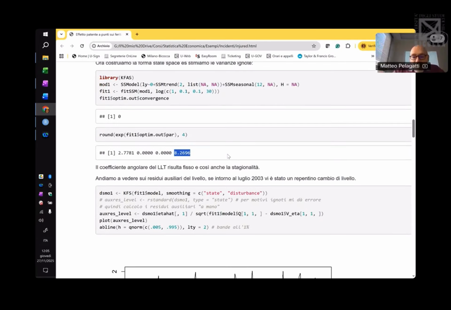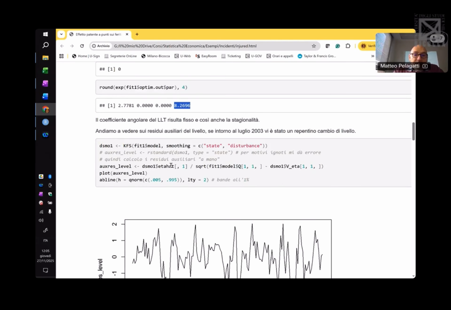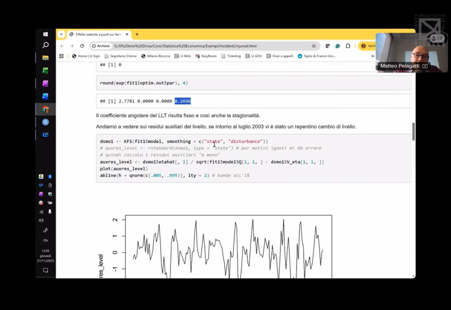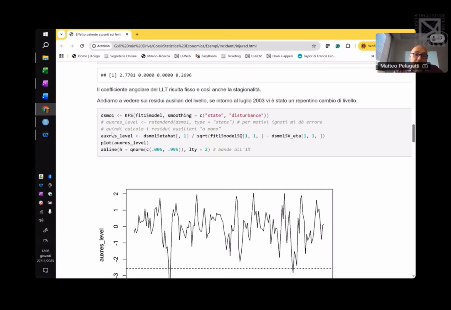Of course, there's a lot of noise in this time series. The weather may have a big effect, the number of holidays in a month may have an effect, and so on. But what I do here is compute the disturbance smoothing, sorry, the state and disturbance smoothing, but here I'm interested in computing the auxiliary residual for the level.